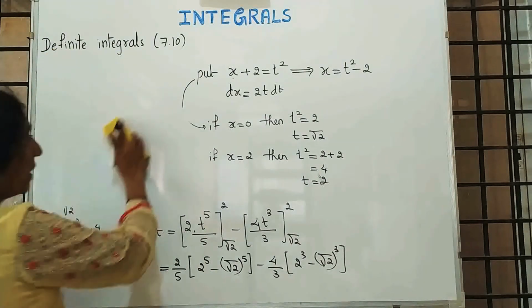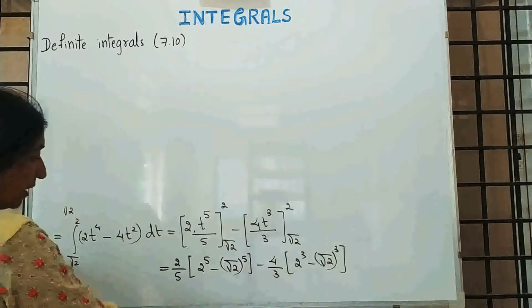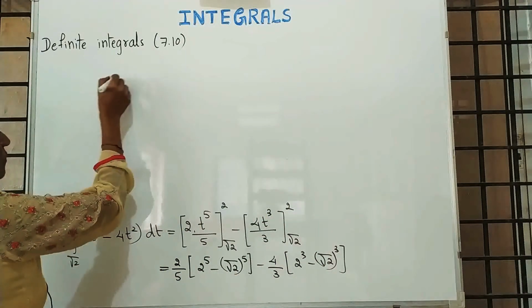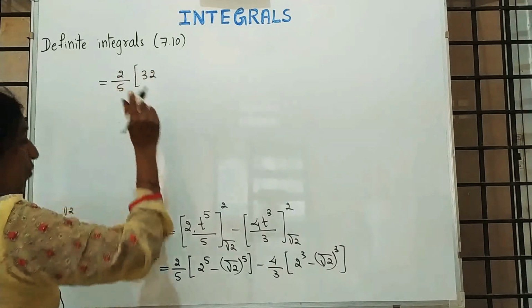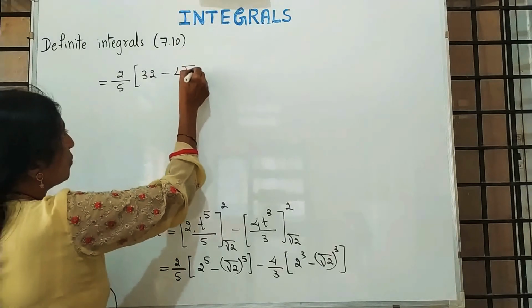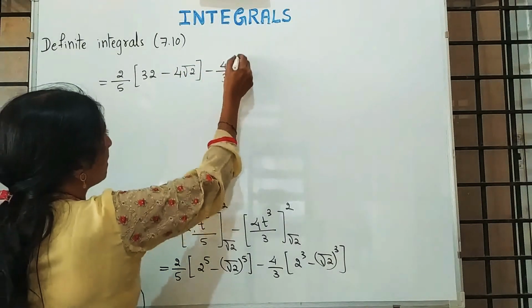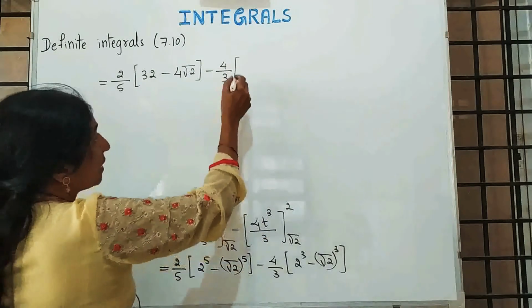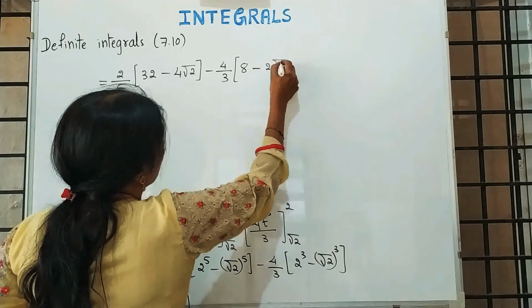We are multiplying 2 5 times. 2 5 times means it is 32. 2 raised to 5, this is 32. Root 2 raised to 5 is 4 root 2. Minus 4 by 3, 2 cube is 8 and root 2 cube is 2 root 2.